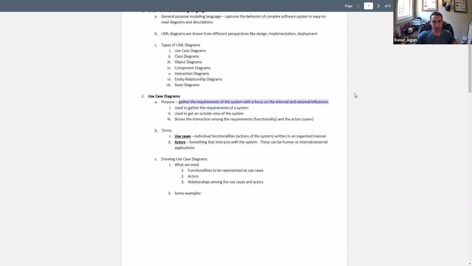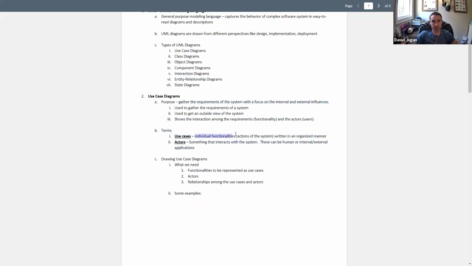So purpose up front is we need to gather requirements of the system with focus on the internal and external influences. Okay, we're talking about users and how they interact with the system. A couple of terms that we want to focus on. First are use cases.